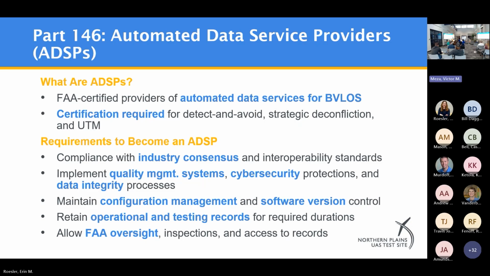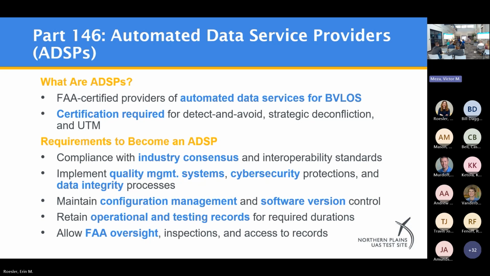So the requirements to become an automated data service provider are, first and foremost, again, a theme, adhering to industry consensus standards and those interoperability standards, so that we can talk to other services that are out there. They have to implement quality management systems, cybersecurity policy and procedures, data management procedures, change management procedures, software versioning control, and then conduct operational and test verification and validation of all their different services, as well as versionings of their service moving forward.